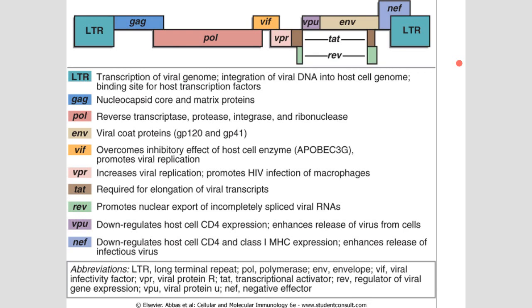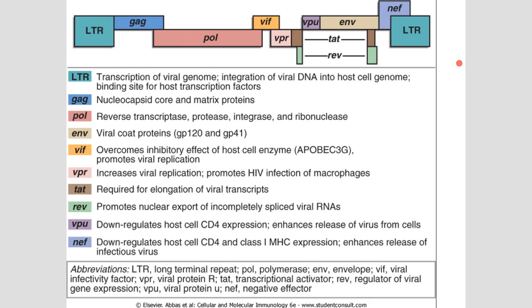So remember, this virus is so clever that even when your system wants to fight it off, it comes with a gene in its genome that will overcome the inhibitory effect of host cell enzymes and eventually promote replication. So you can see these genes are the targets of the anti-HIV drugs, because the idea is we want to stop replication of this particular virus.